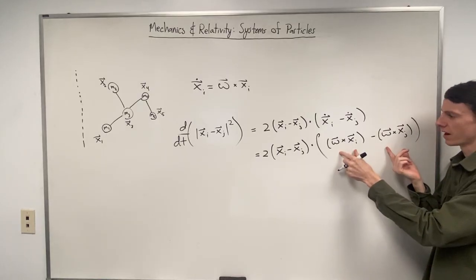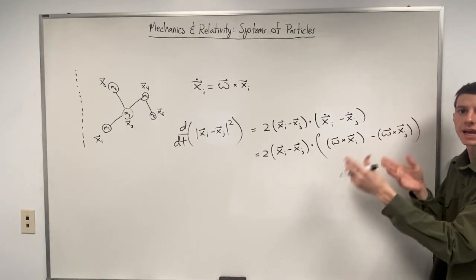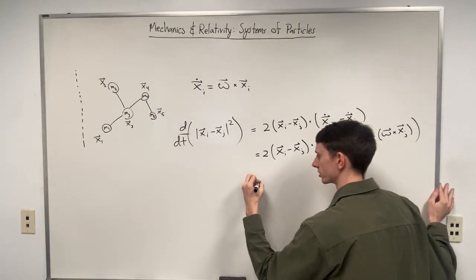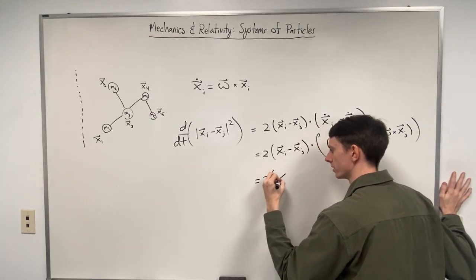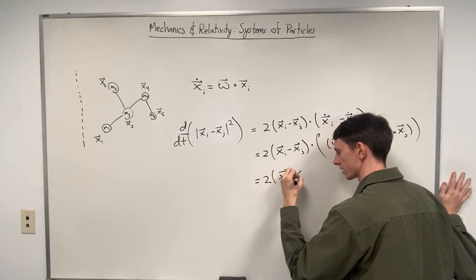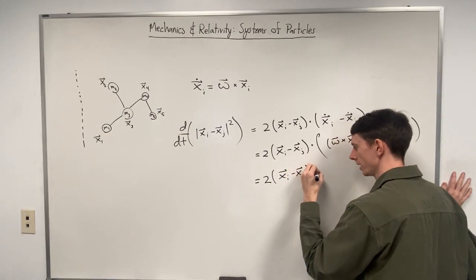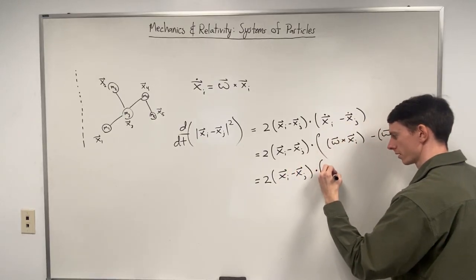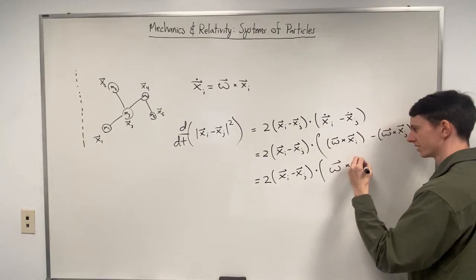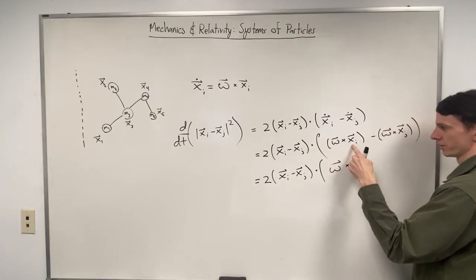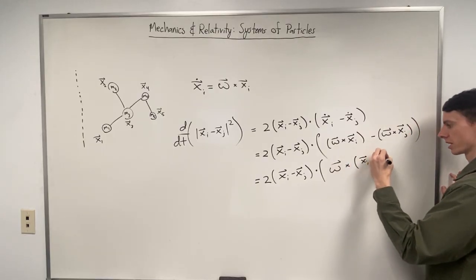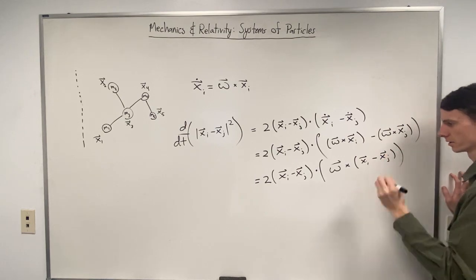Now this can get simplified into just omega cross xi minus xj. That's just a vector identity, right? So we have 2 times xi minus xj in a dot product with omega cross this input minus this input, so xi minus xj, like this.